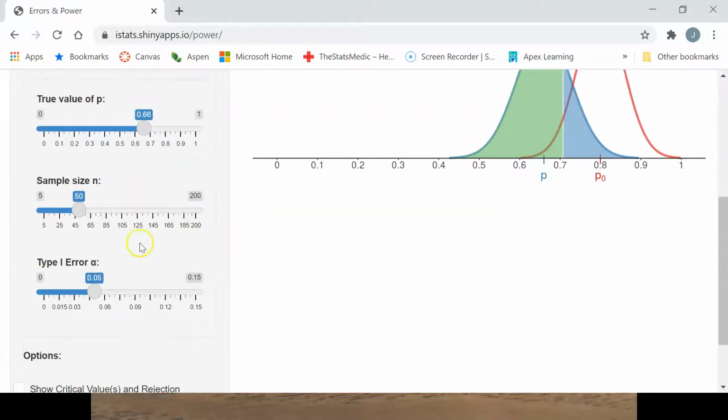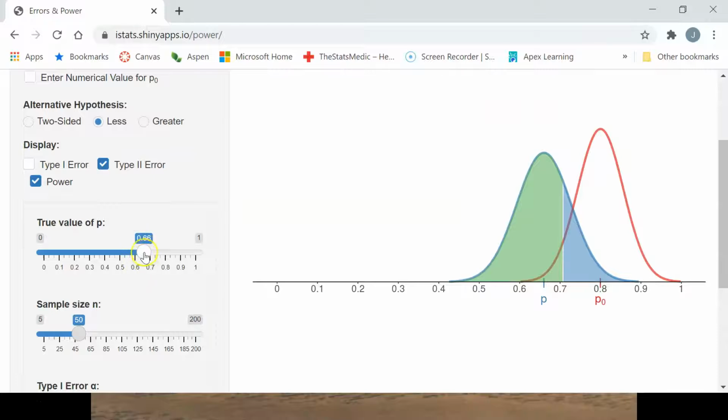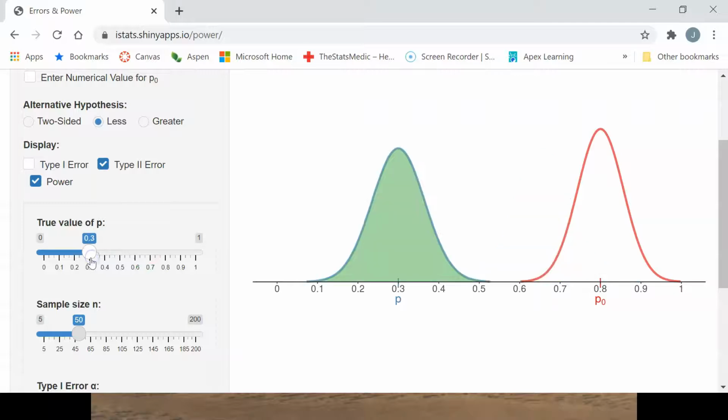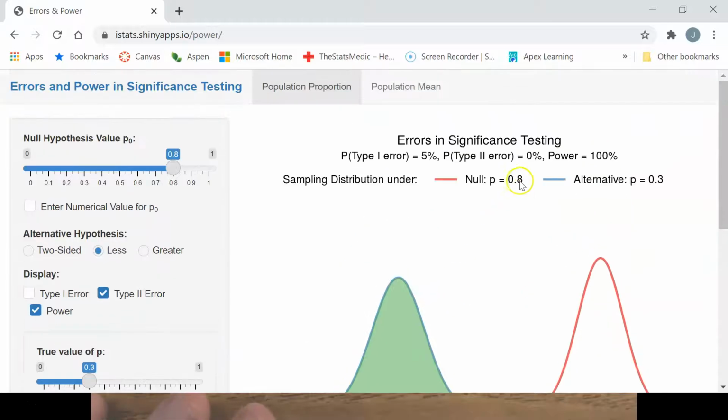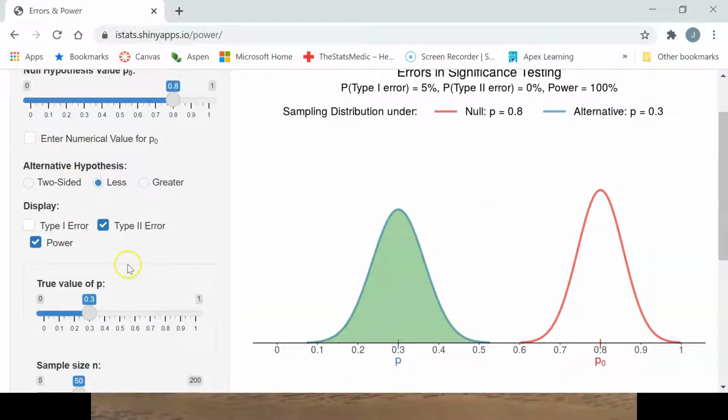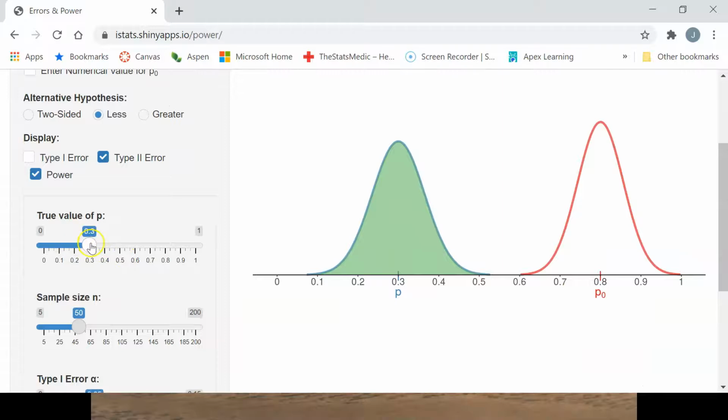Let me put our alpha back to 0.05. Now, that 0.66 came from a sample where I made 66%, which drove the alternative hypothesis to be less than 0.8. But this specific value, what happens if I make the specific value lower? Look, it shifted all the way over here, and now the entire curve is green. The power went way up when I took my alternate value from my P hat.